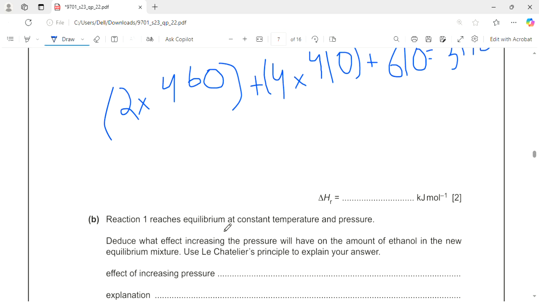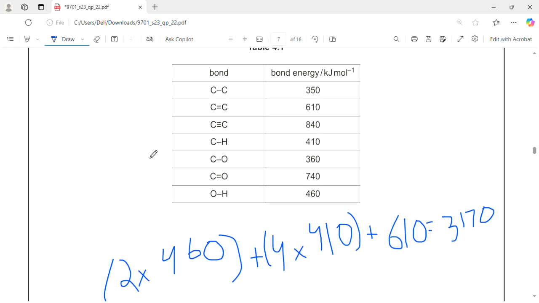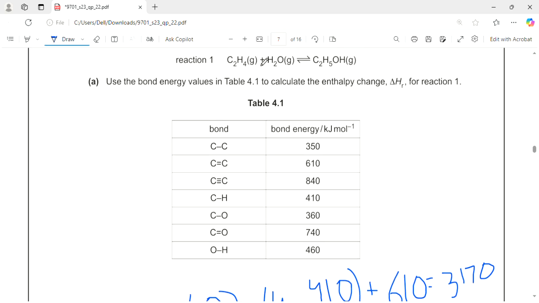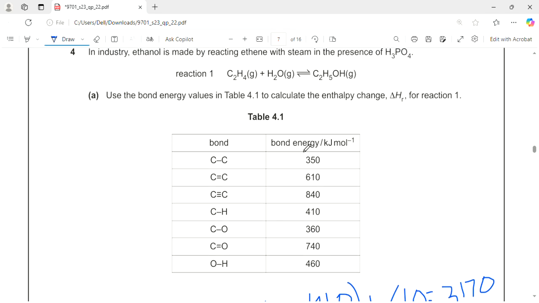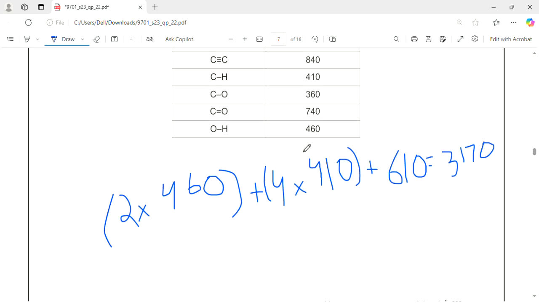And this is the step for the bonds broken. Now for the bonds formed, what is the value of the energy?